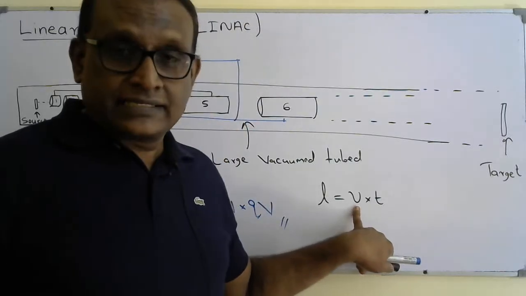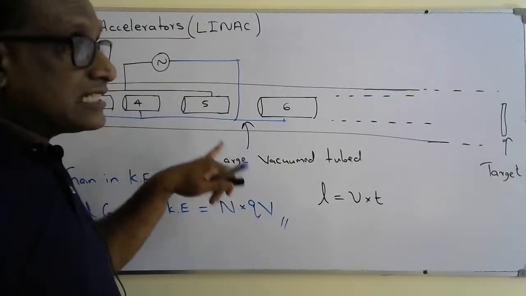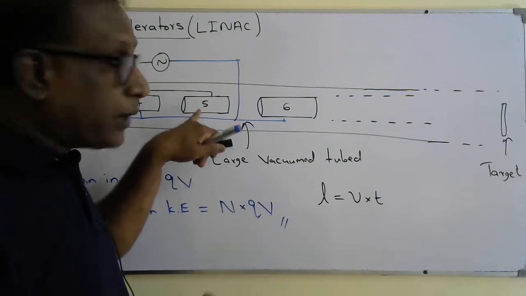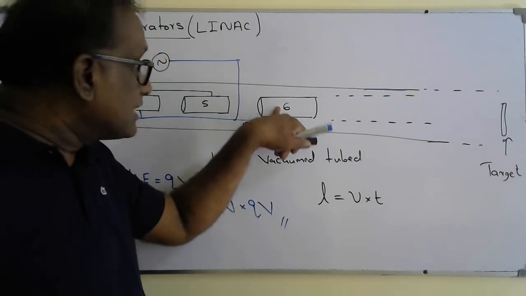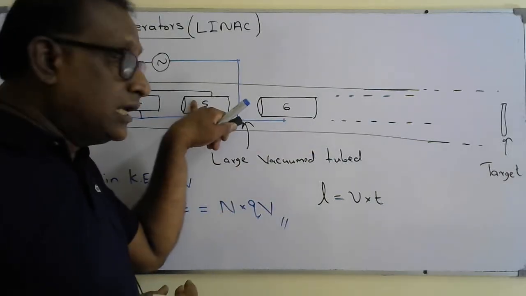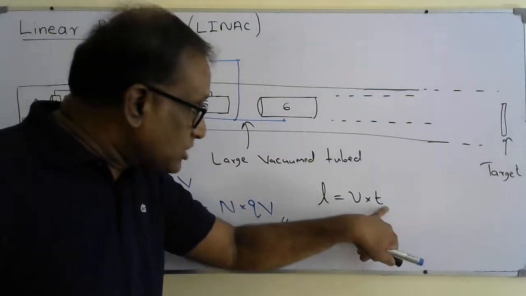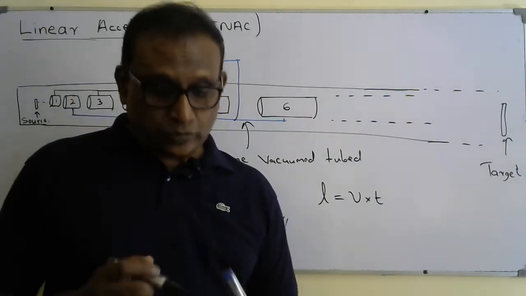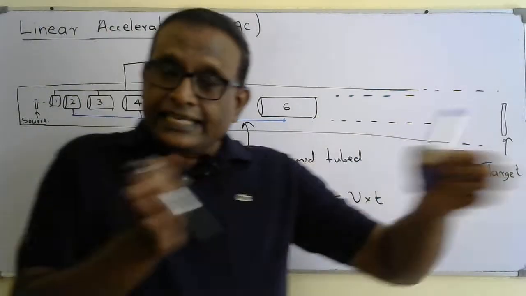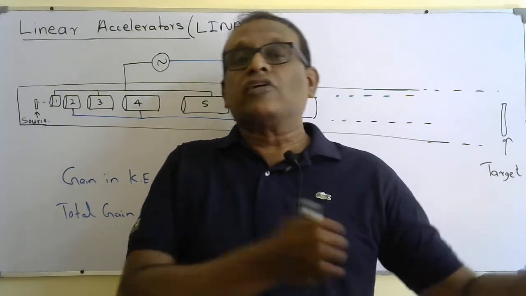The speed is increasing every time; when you compare the velocity of the particle inside the fifth tube and the sixth tube, the speed is more in the sixth. To have the same time, the length has to increase. So that's the reason: to maintain the same time inside each drift tube, the length of the drift tube has to increase.